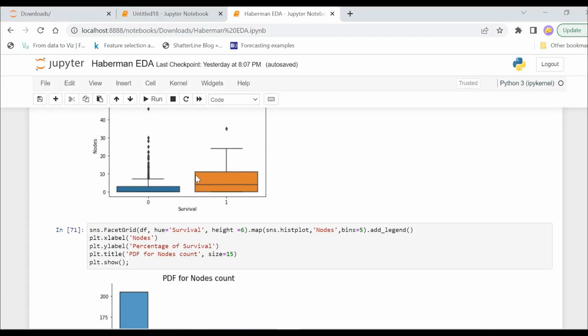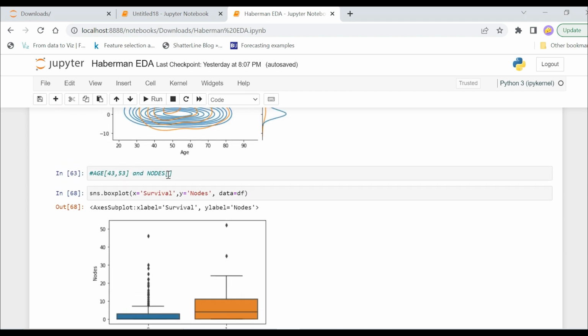So you can say one particular thing, that the people with nodes maybe above 7, or say 10 to 52, because the maximum is 52, will have the max chance that they will live lesser than 5 years.